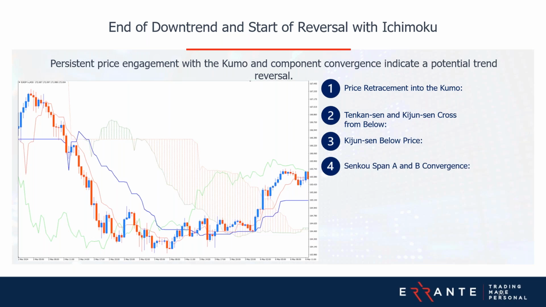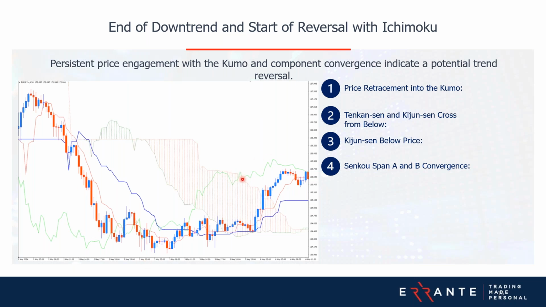And also let's discuss the situation of Senkou Span A and B, which are converging. The convergence of Senkou Span A and B resulting in a narrowing Kumo indicates a change in market sentiment, which usually happens when we have a strong correction during a downtrend in the market.